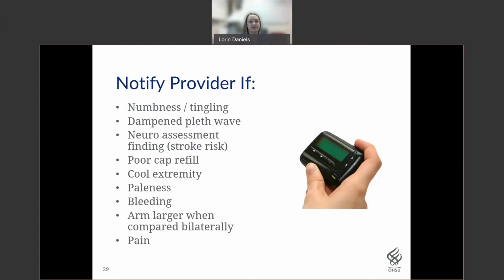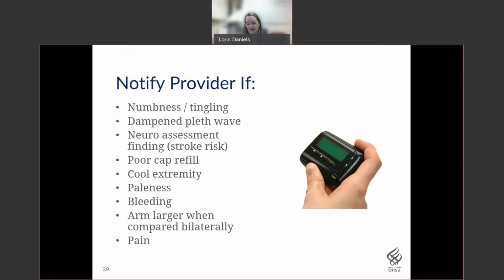That's just part of the deal. If there's changes in your neurovascular assessment, so poor cap refill, cool extremity, paleness. Obviously, if there's any bleeding, even if you reinflate the air bladder and it stops, you still need to let the proceduralist know that the bleeding did occur.